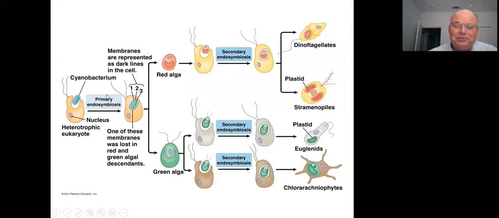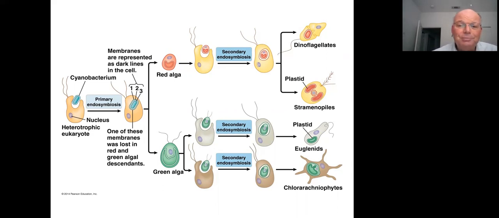And there's even a suggestion that this member of the chloroarachnophytes that is strictly photosynthetic may actually be the product of a primary endosymbiosis, because there is evidence of peptidoglycan around the remnant of the endosymbiont, which suggests that the endosymbiont may have actually been a cyanobacterium and not a green algae.